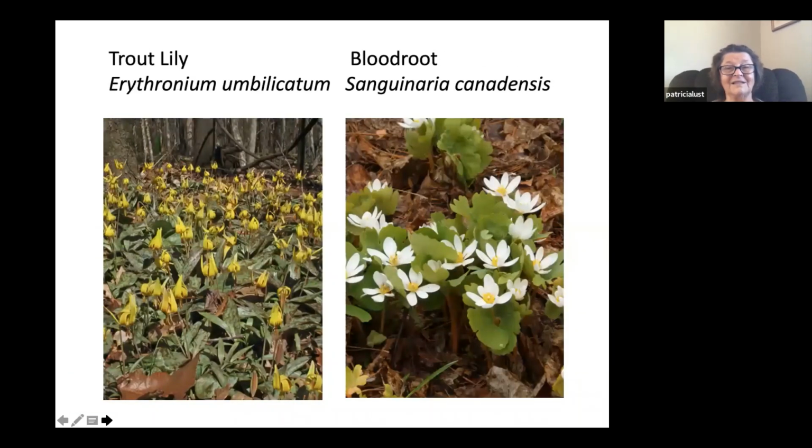The trout lilies and the bloodroot will both make nice mats on your garden floor. If you can get a nice spray of the trout lilies when they bloom, yellow in the spring, it is absolutely gorgeous. Also, the trout lilies have a wonderful foliage, a little spotted foliage and some reddish color in it.